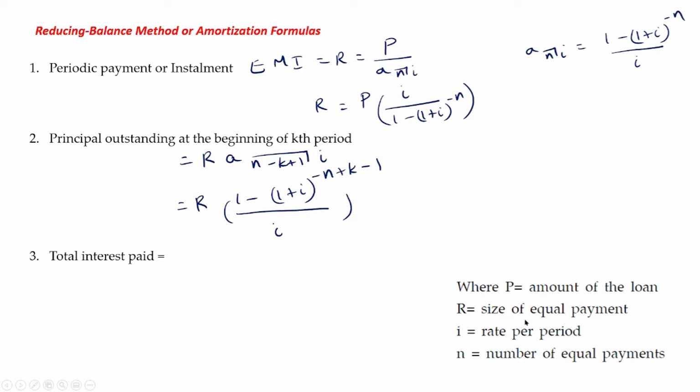So the total interest paid will be N into the EMI, that is the number of equal payments into the size of each payment, minus the loan amount, that is the principal amount, because EMI consists of two parts, which is interest and some part of principal. So the total interest paid can be calculated as N into R minus P. A question on EMI was asked for 4 marks in the sample paper.